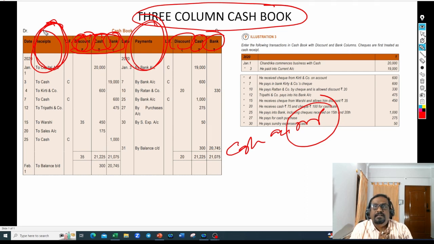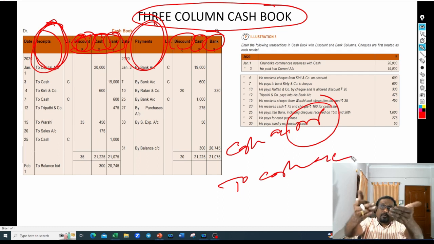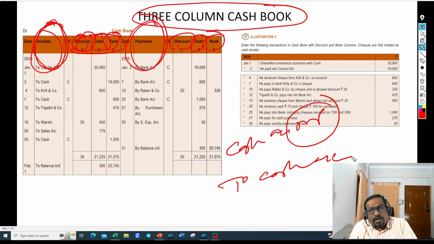Hence, I have to debit. So receipts will be on the debit side. When I make the payment, credit what goes out. Cash is going out. That time I write to cash account, that means cash is going out. As per real account, when the cash goes out, I need to credit it. So payments will come in the credit side.